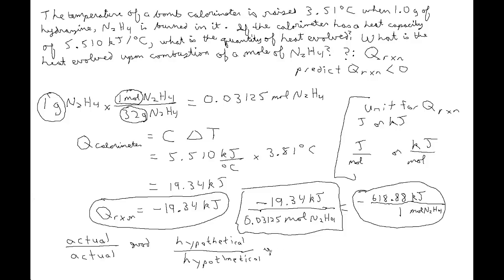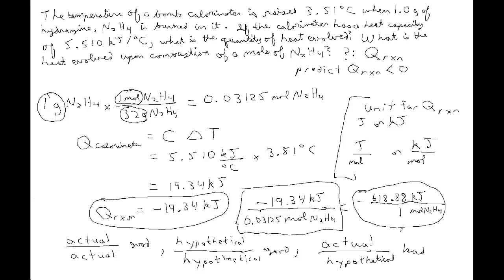That would also be good. But you can't mix and match. Your ratio doesn't make sense if in one part of the fraction you're putting an actual number and in the other part of the fraction you're putting a hypothetical number. That would be bad. You're not supposed to do that.